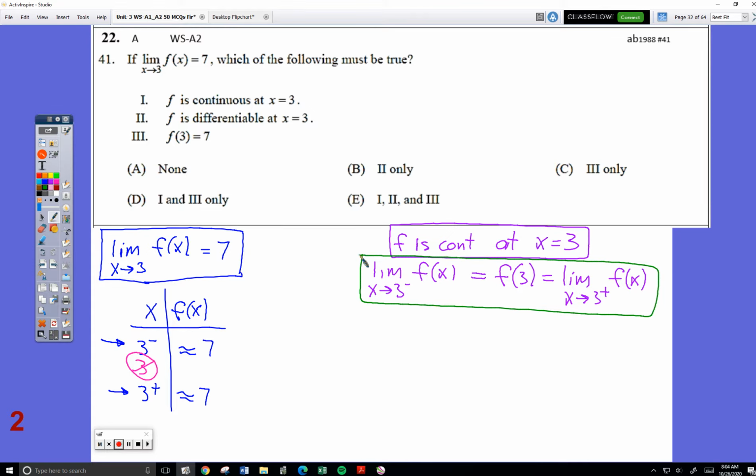The next flashcard you need, it asks, is the function differentiable at x equal 3? Well, the first requirement for being differentiable, this is Unit 1 again, is that the function be continuous. So since this function is not continuous, it's therefore not differentiable.